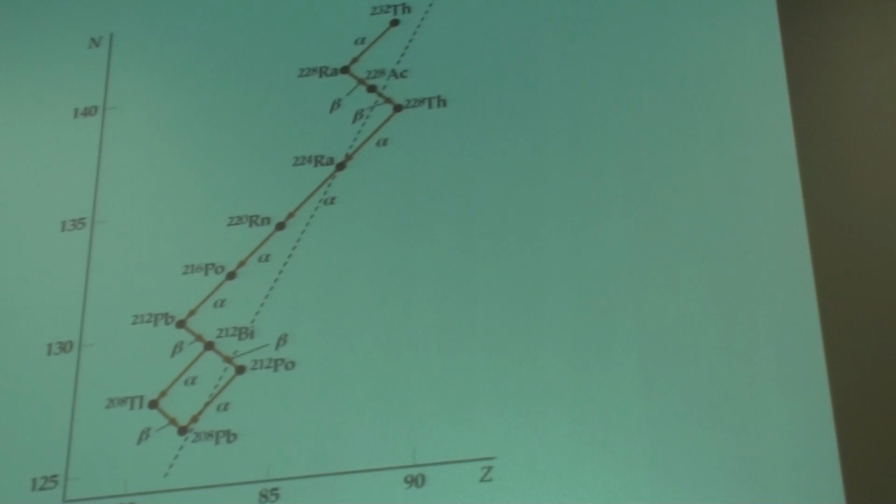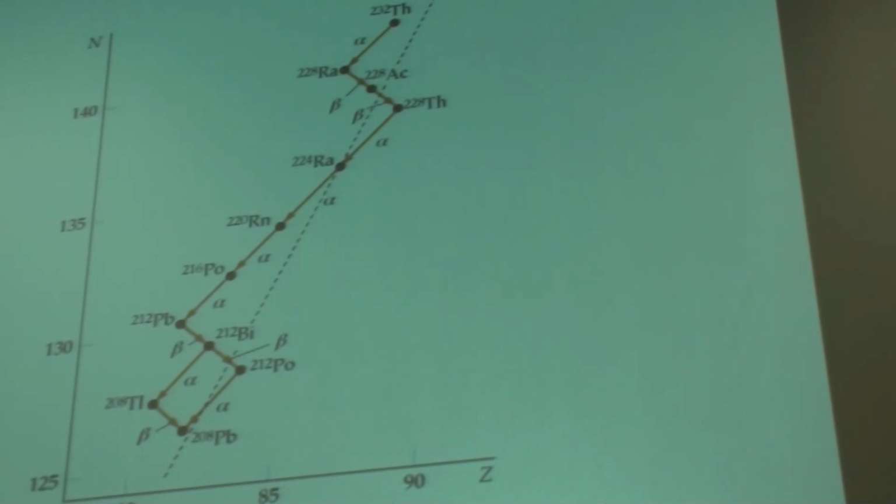So even though that reaction might be favored, it results in a couple of beta decays. And the beta decays lower the N to Z ratio until finally it crosses over and it overshoots. Okay, so we go from thorium to radium, and then we emit 2 beta particles, and that brings us back up to thorium again.